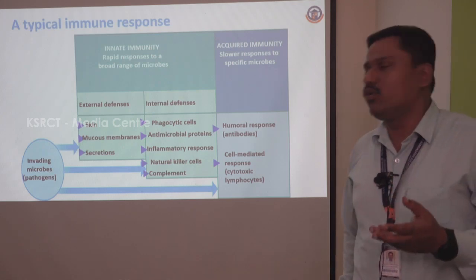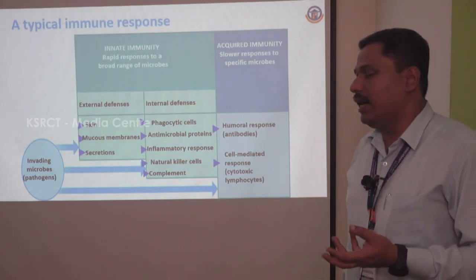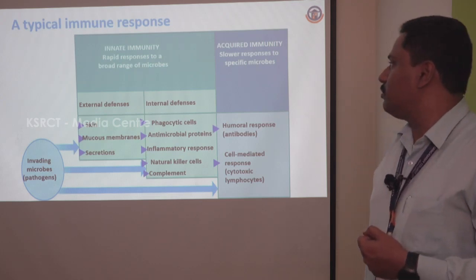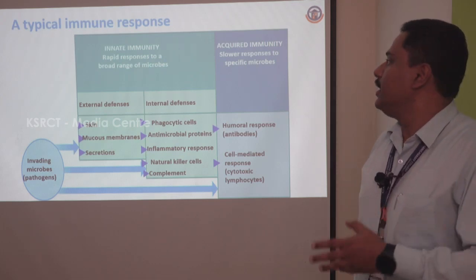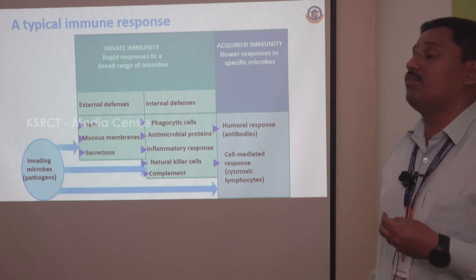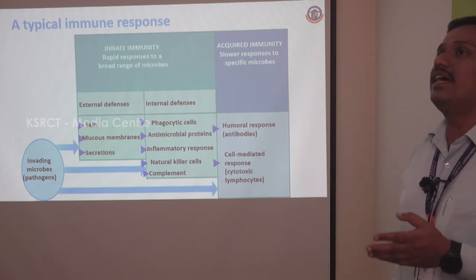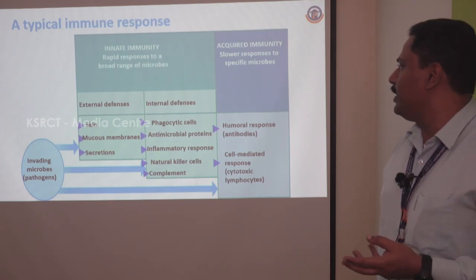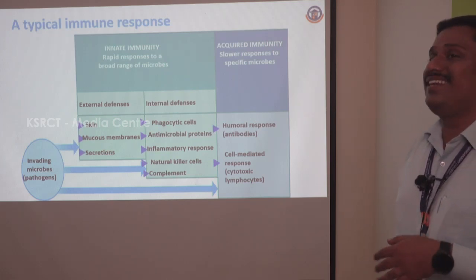A typical immune response: what is a typical immune response? When a microorganism or pathogen enters the system, the primary innate immune response rapidly responds to a broad range of microbes and then leads to acquired immunity. Innate immunity acts as an external defense and an internal defense.